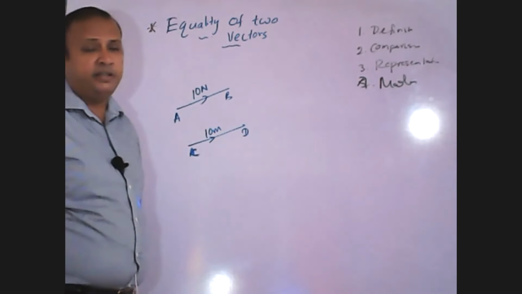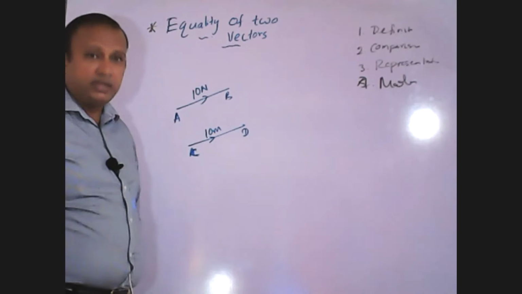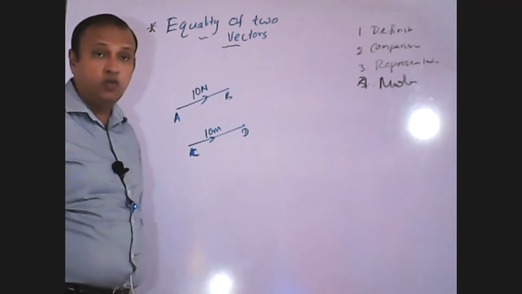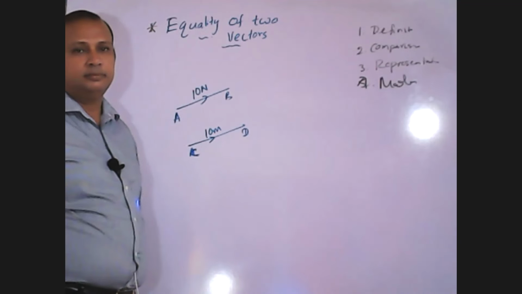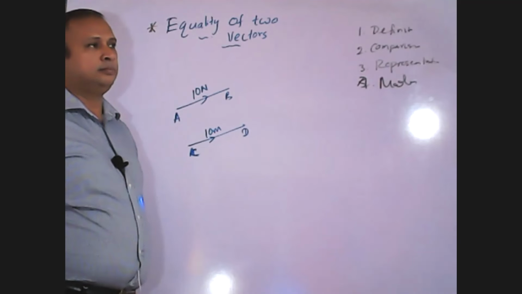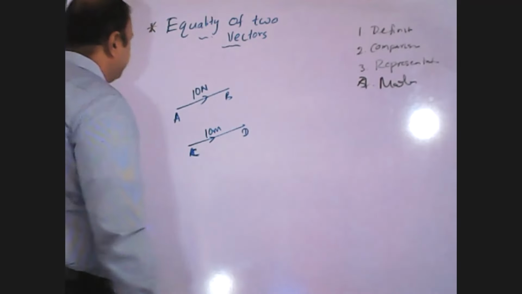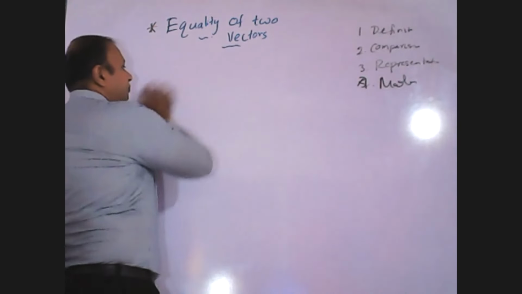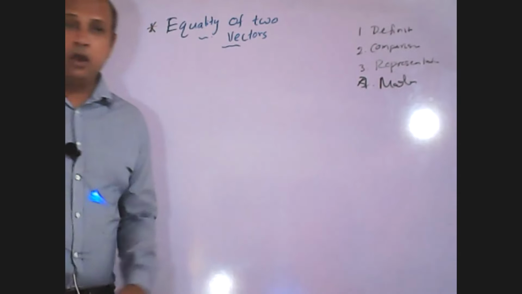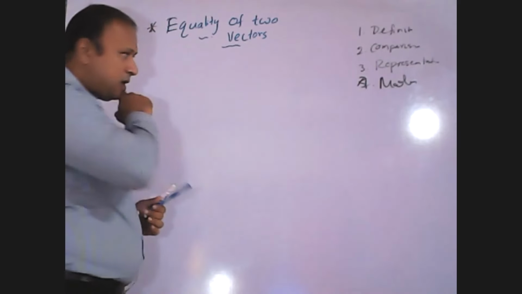If any two vector quantities are equal, the following features should be fulfilled.